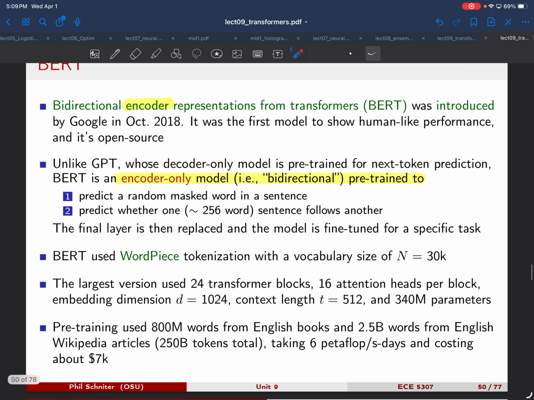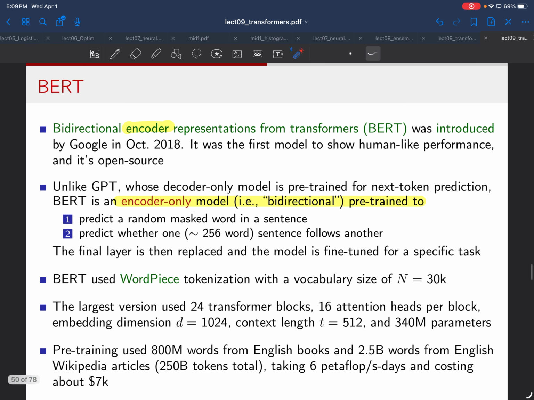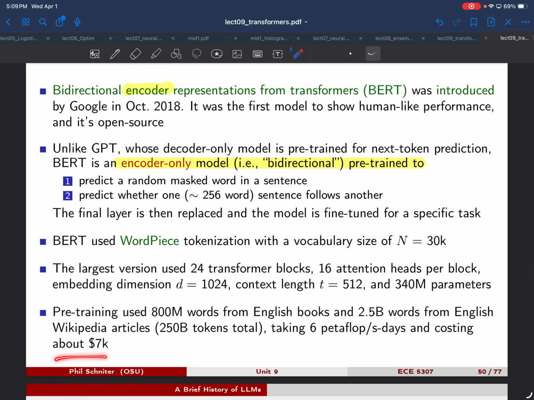So a lot bigger data. Taking 6 petaflop per second-days, so instead of 1, 6 times as much, but costing $7K, which is less than the $50K. So why is it less, do you think? This is 6 versus 1, so 6 times as much compute, but it was cheaper.